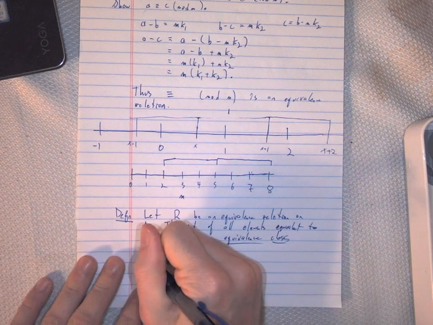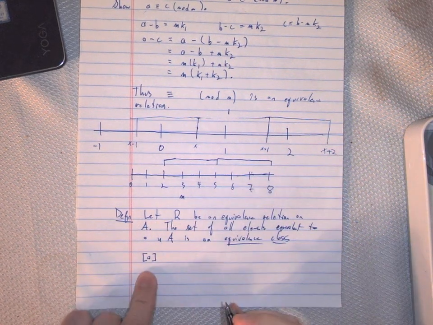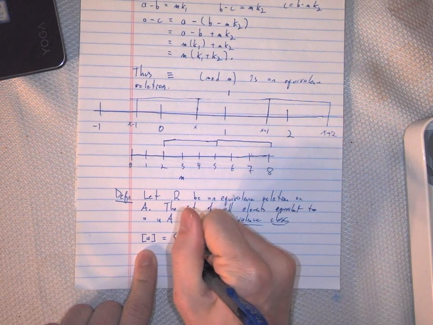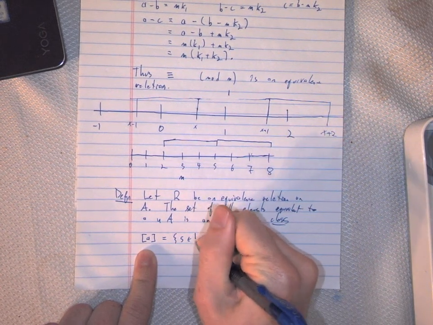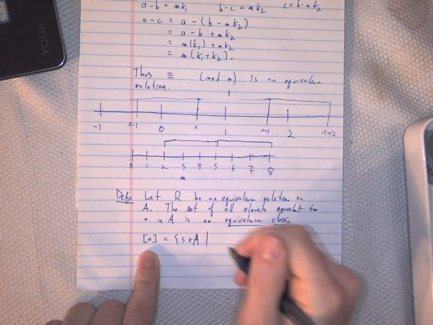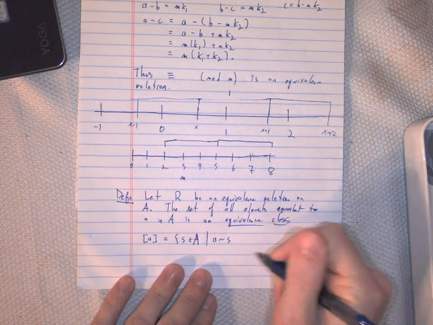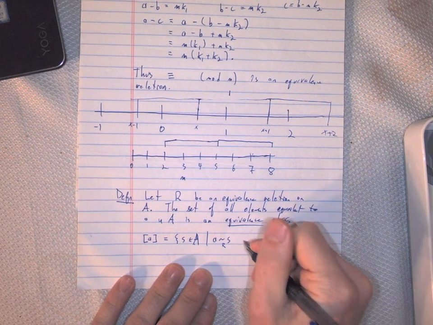This is written [a], so more set theoretically, I could write the class of a is equal to the set of all s in A such that a is related to s under the relation R.